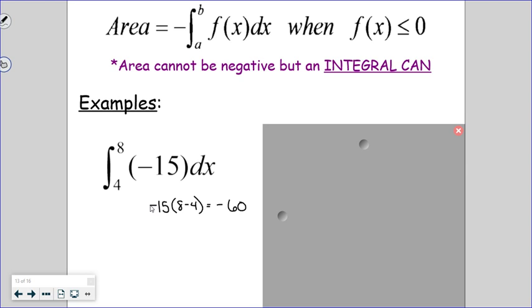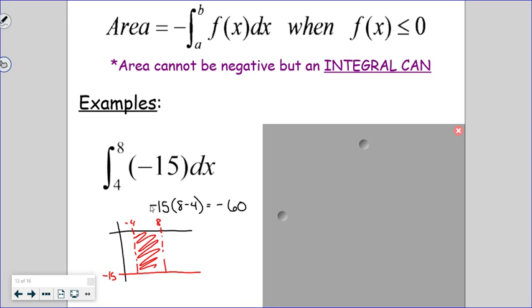It's telling me that our object has an area of 60, but it's all falling below my x-axis. If I were to help us out visually here, negative 15 is going to be some function down here, right? Integrating that from 4 to 8, we see that it's going to be that rectangle, and the area between that and the x-axis is below our x-axis, negative 60. Questions?